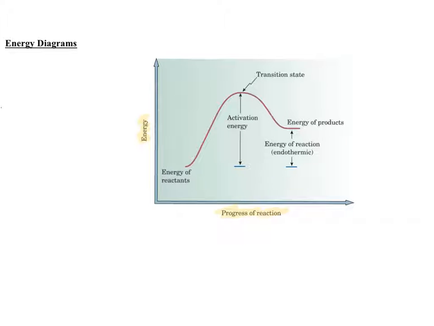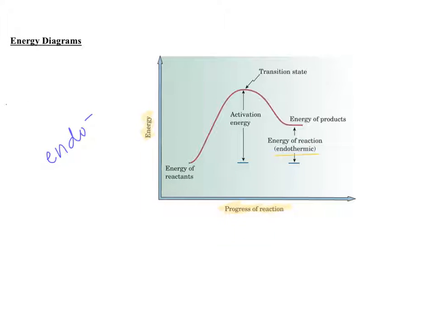The other thing you can tell from one of these diagrams is whether the reaction is endothermic or exothermic. You see from this reaction that it is endothermic. So in an endothermic reaction, you're going to have the reactants having less energy.